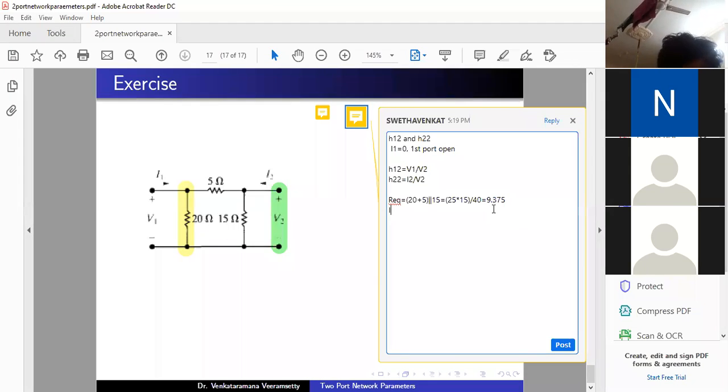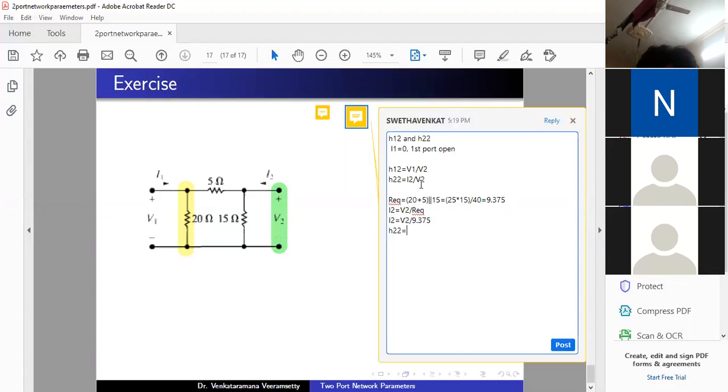Now, what is the value of I2? I2 equals V2 divided by the equivalent resistance, so I2 equals V2 divided by 9.375. From this equation we are able to calculate H22.